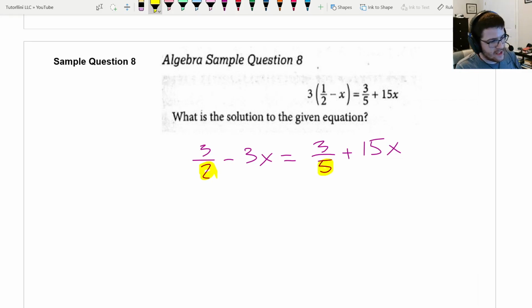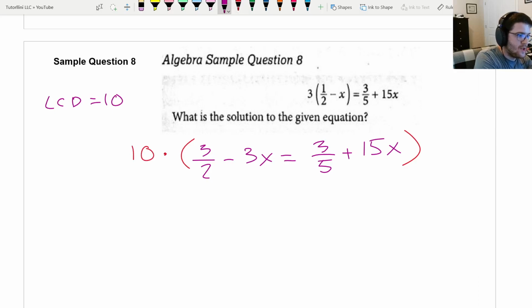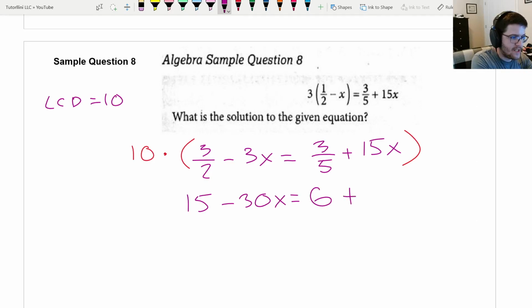So the LCD or LCM, there's an LCM function on Desmos as well. The LCM of 2 and 5 is 10. So we're going to multiply the whole equation by 10. So 10 divided by 2 is 5, 5 times 3 is 15. 10 times negative 3x is negative 30x. 10 divided by 5 is 2, 2 times 3 is 6, and 10 times 15x is 150x.